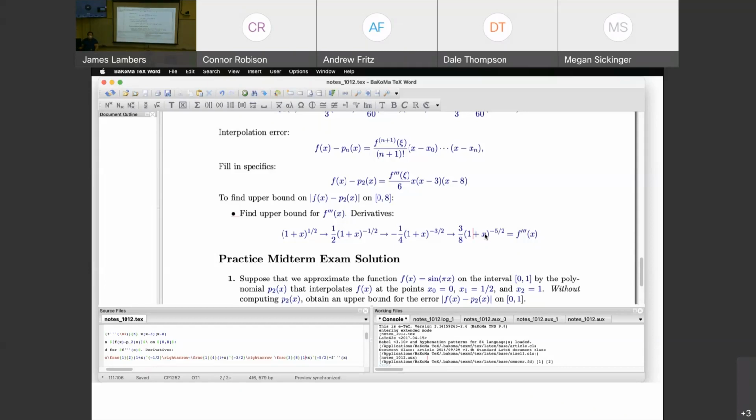So I will accept any reasonable upper bound. You can always do the whole thing, take a derivative, set it equal to 0, find the critical points, test the endpoints. But I'm not requiring you to go that far.